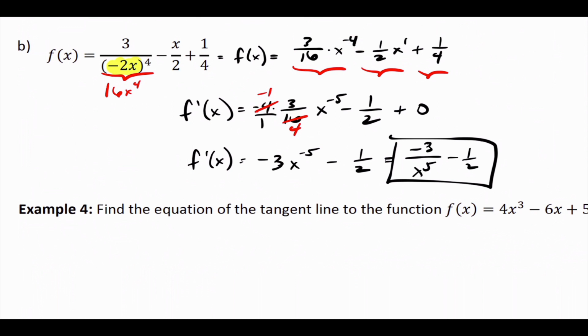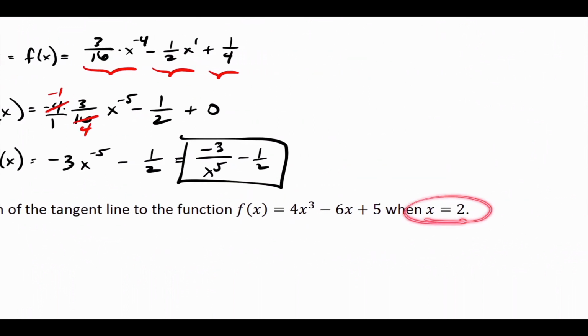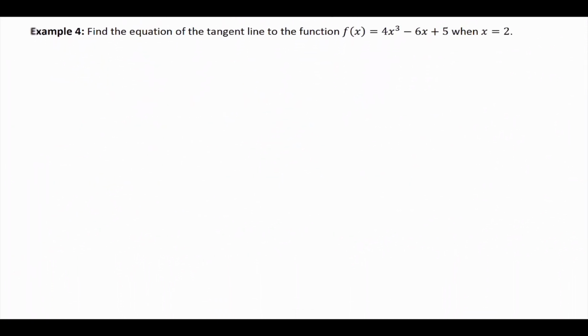Okay. Number 4 is exactly the same. The only difference is we have to find the equation of the tangent line. We did a problem like this yesterday, I think. So to find an equation, we need a slope and we need a point.